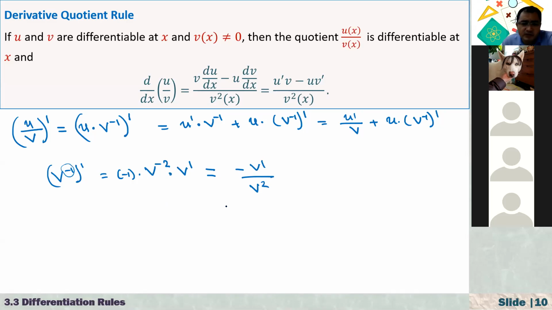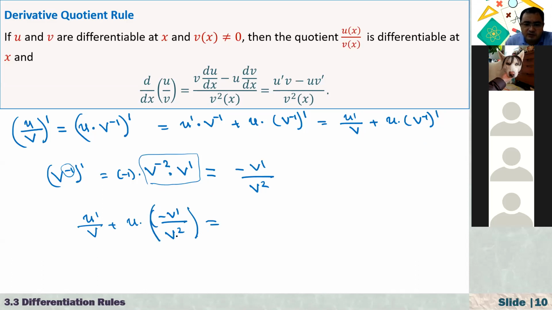Because what I'm doing here is differentiating a composite function. If you substitute, we have u prime over v plus u times minus v prime over v squared.